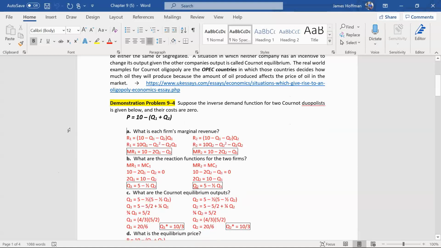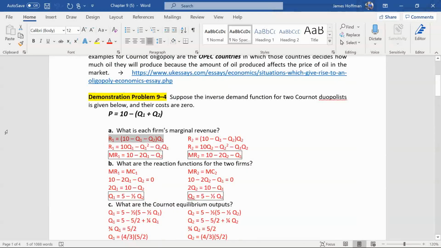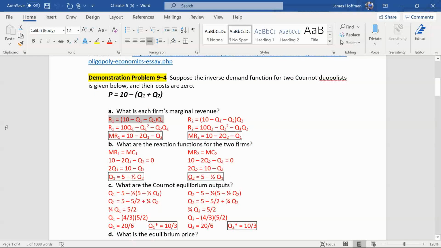So here we go. First, you can calculate part A, what is each firm's marginal revenue. You've done this in your homework for one firm. The only difference is we have two firms. The revenue of firm 1 is the market price times its quantity. The price of this game console is set by the market, and then times Q. So revenue is price times quantity.